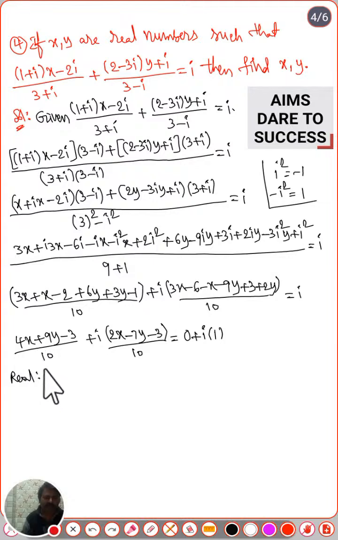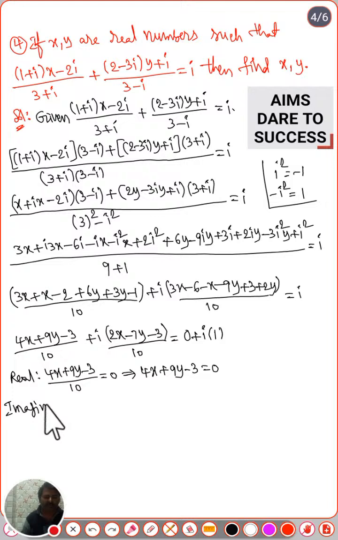Real part is (4x plus 9y minus 3) divided by 10 is equal to 0. Cross multiply, we get 4x plus 9y minus 3 is equal to 0 into 10, which is 0. Okay, real part completed, my dears.